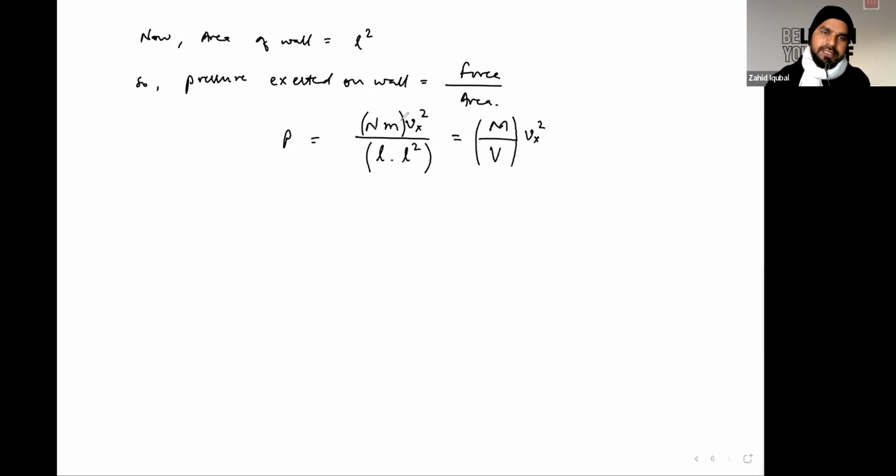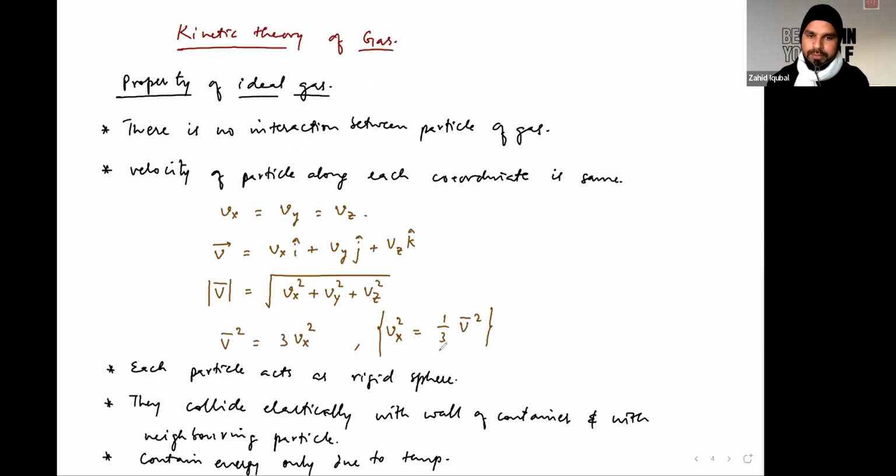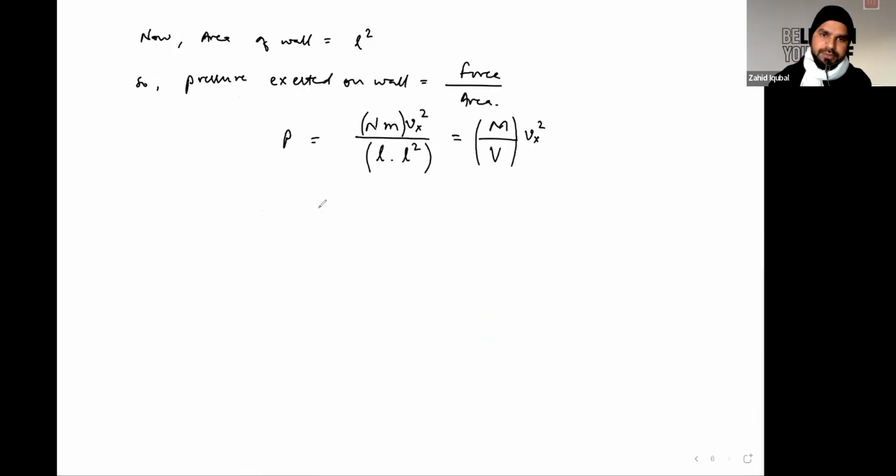Vx square, which I have written in the left part, is nothing but 1 by 3 V bar square. So if you substitute these values, you will get pressure is equal to 1 by 3 rho V bar square, since Vx square is 1/3 V bar square.